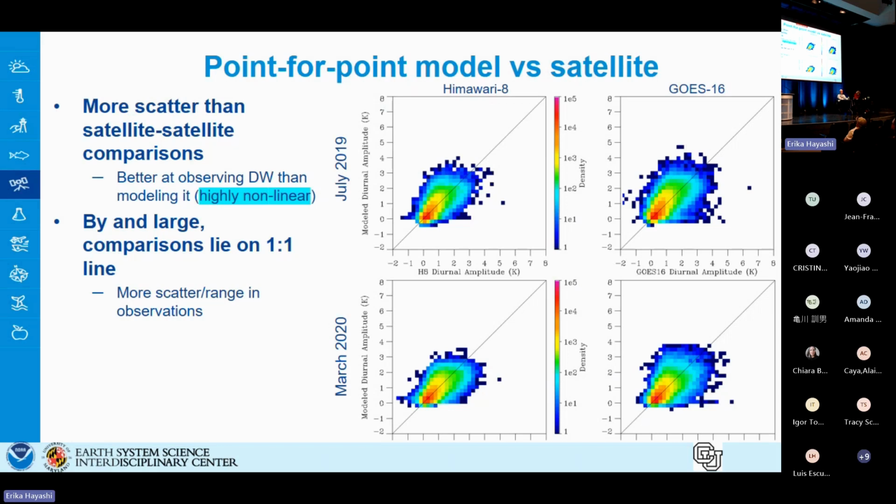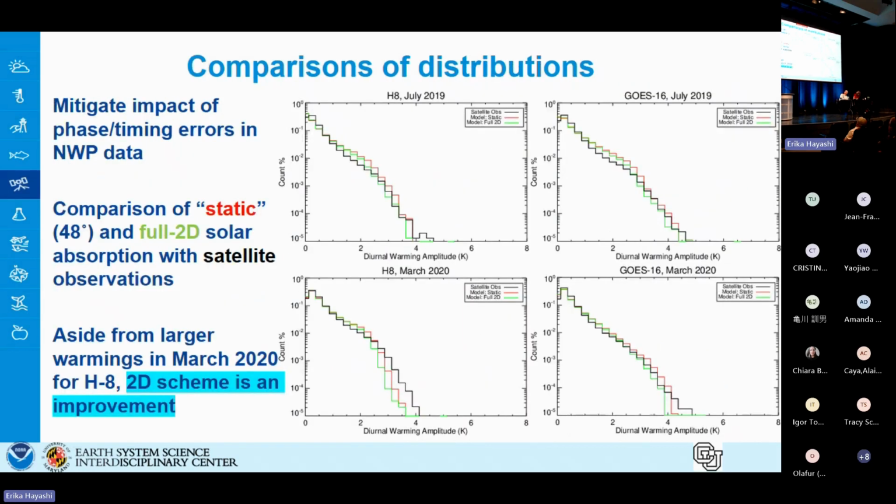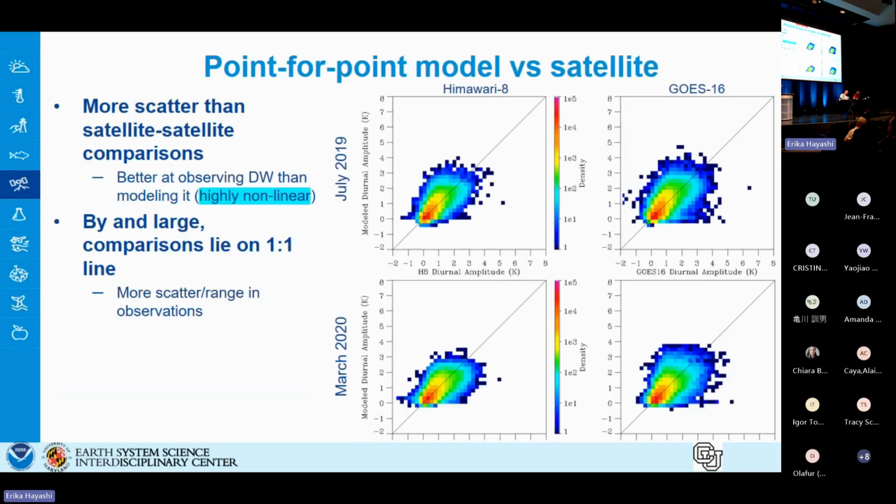Anyone who's done diurnal warming modeling and tried to get it to match with satellite data is used to having something close to a cloud of points, but actually we are quite happy with the behavior, I would say, in all of these, apart from possibly a little bit of a truncation. But you can see that it's working pretty well now.